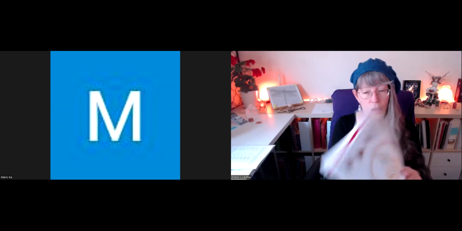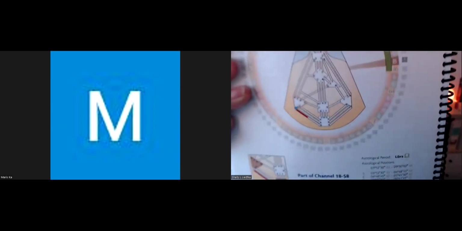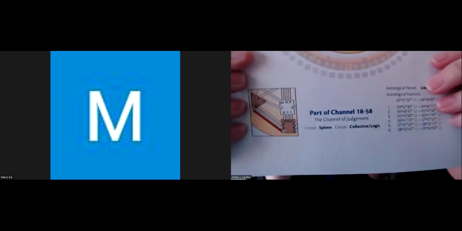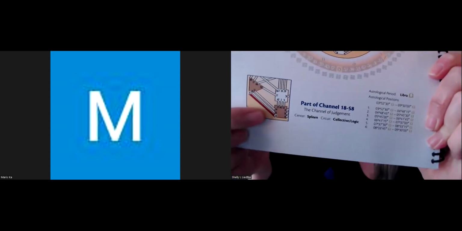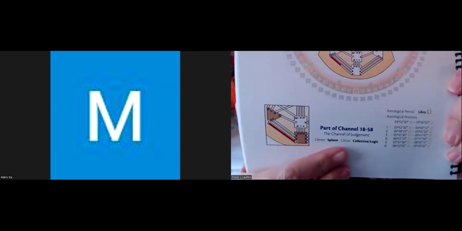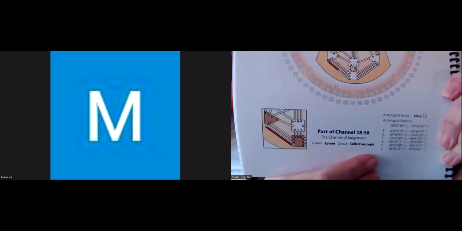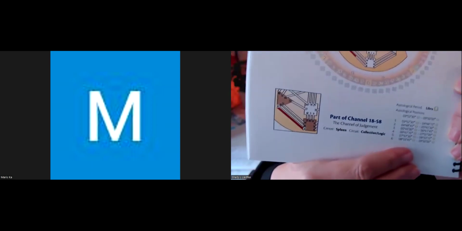Okay, so in Shaitan's Book of Lines, I'm going to scoop myself up a little bit closer here. We have Shaitan's graphics here. As we've been talking, this 18-58 channel is the channel of judgment. It's in the collective circuit and connected to the spleen center.